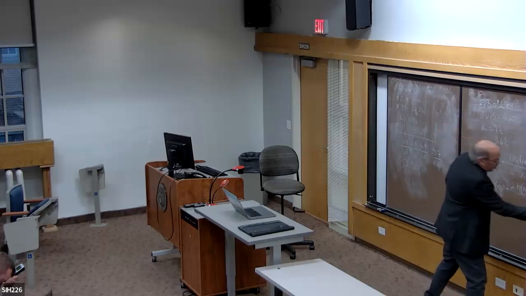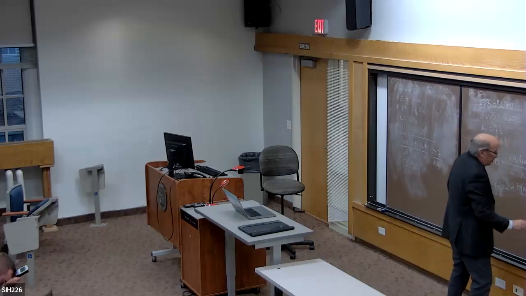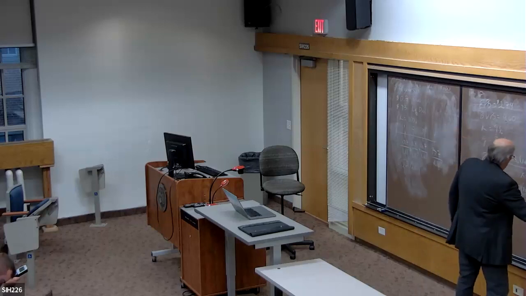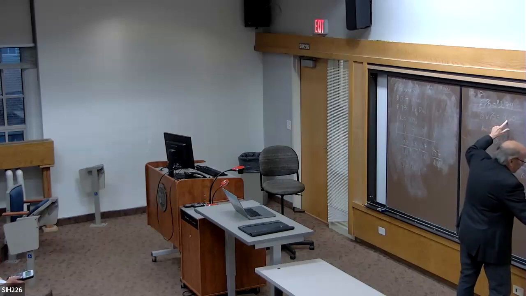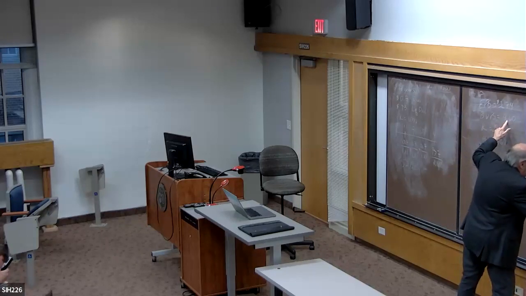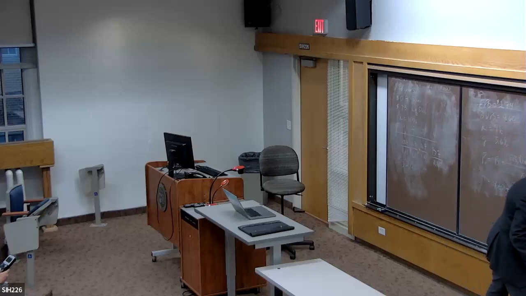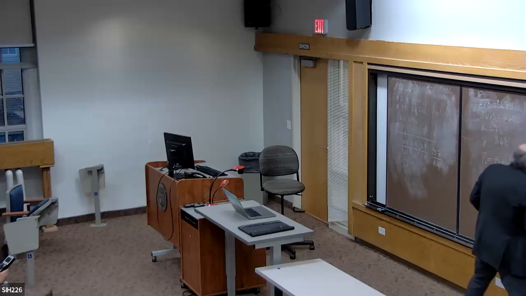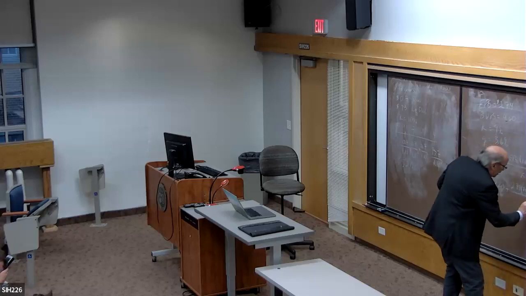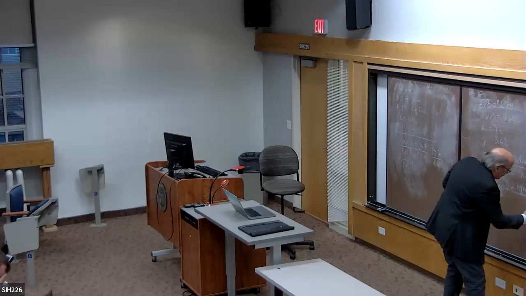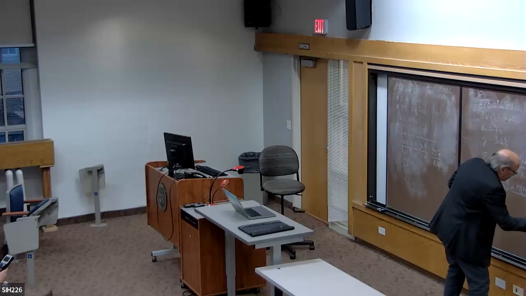And I'm going to run out of board space here, but let's go with B0, 4.60, times K, or 9%, and divide all of that by K minus G.